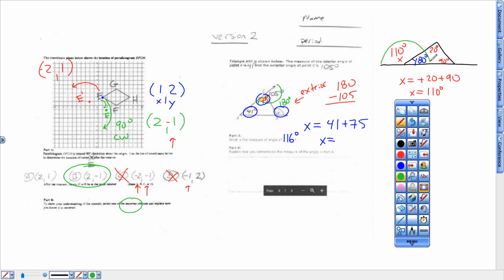I'm sorry, that wouldn't be 80. I think that would be 70. Let's change that. There we go. Because if that's 70, these two add up to be 180. These three add up to be 180. All right, here we go.